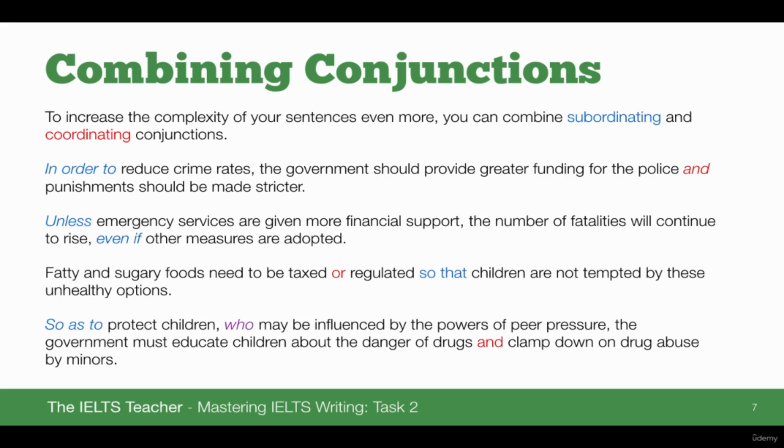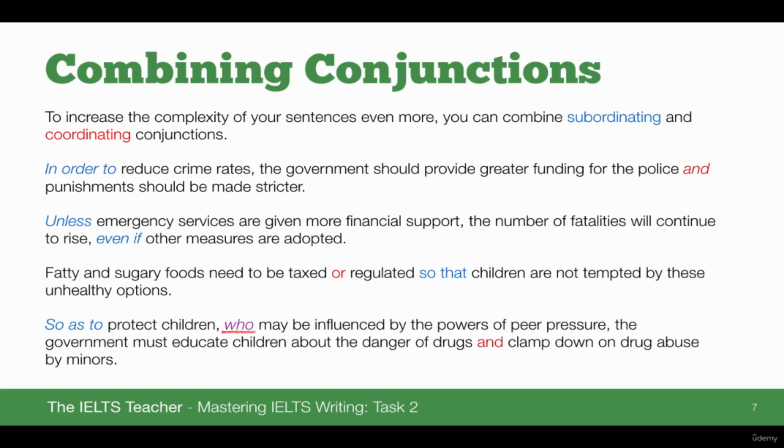Don't worry about that for now. It's something we're going to look at later. And then we have the independent clause, the government must educate children about the danger of drugs, which is connected to another clause by way of a coordinating conjunction and clamp down on drug abuse by minors. Okay, so a nice complex sentence here using a mixture of conjunctions.